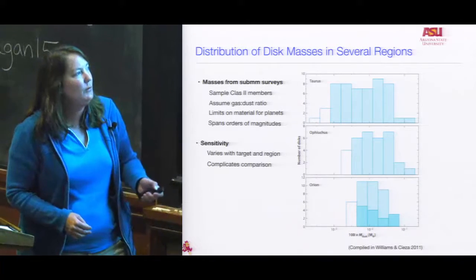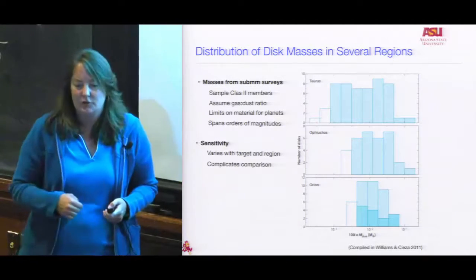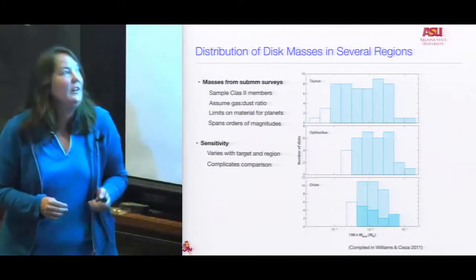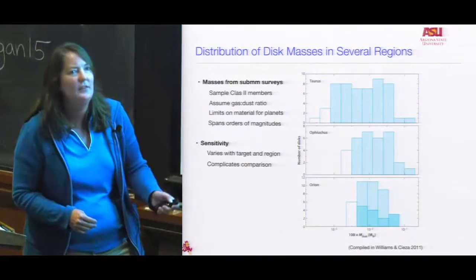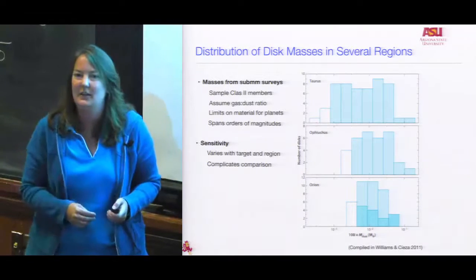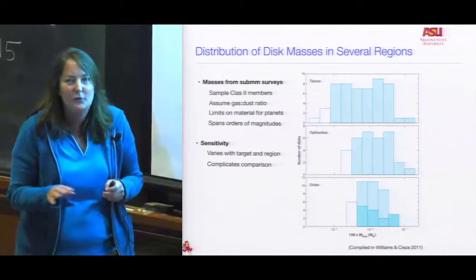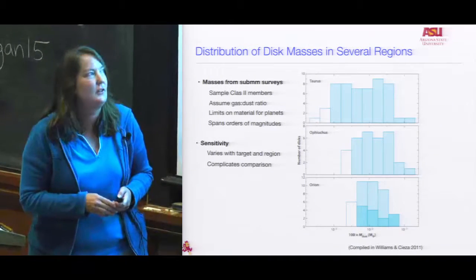And then also the Orion region, which is the nearest of the larger giant molecular clouds. So what you see here is a distribution of the disk masses. In this case, the dust emission that's been measured has been translated into a full disk mass, assuming there's about 100 times the mass in gas compared to the dust that's actually measured.